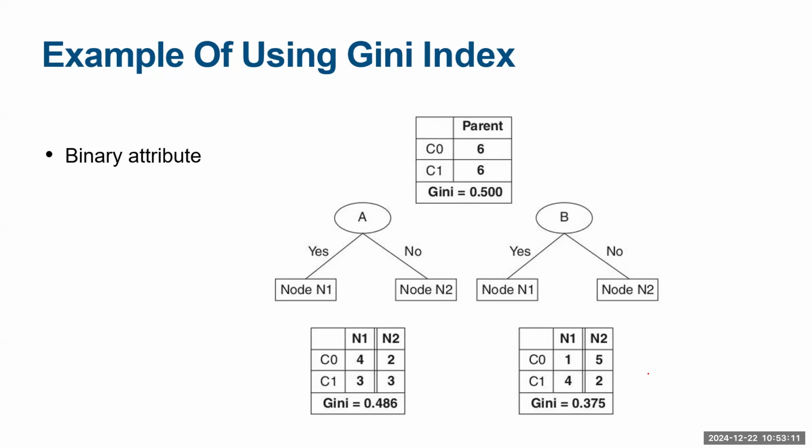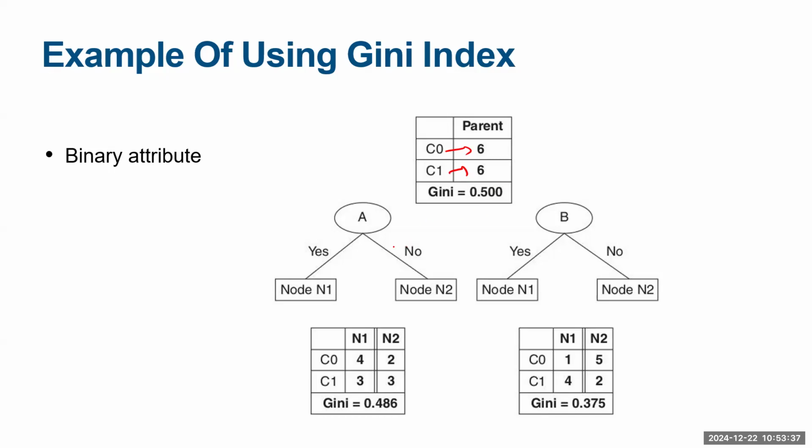So let's say I have A and B splits. If I split with attribute A, the parent has 6 data points of each class. Class 0 has 6, class 1 also has 6. So the Gini of the parent is 0.5.